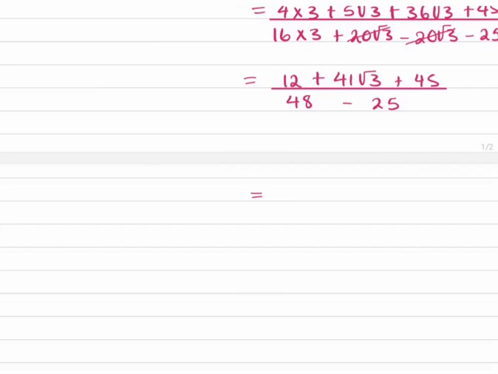They would add naturally to give us a whole number 57, plus my 41 root 3. Done with the numerator. In the denominator, I have 48 minus 25, which is a whole number 23. As it is, I have simplified my fraction to the simplest form. There are no terms that I can collect together anymore in the numerator or in the denominator.